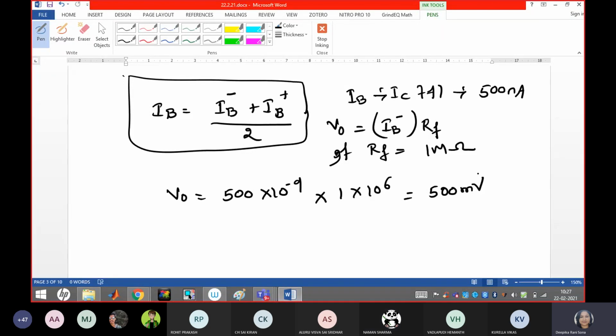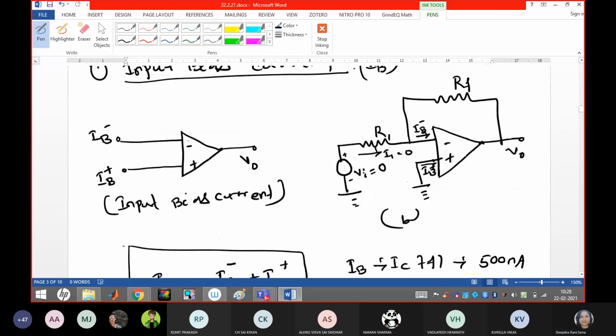So guys, you just check your circuit. What is the V in? 0 volt. But by the property of the op-amp, the bias current that is existing will drive your V0 to 500 millivolt if this RF value is 1 mega ohm.